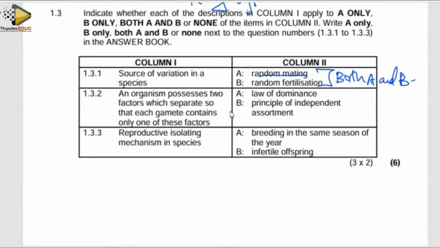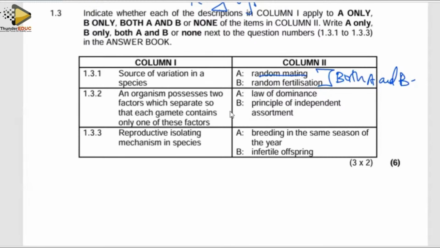Organisms possess two factors which separate so that each gamete contains only one of these factors. How do you call that? Law of inheritance, law of dominance? Not really.